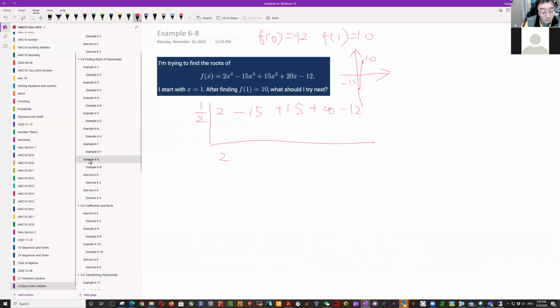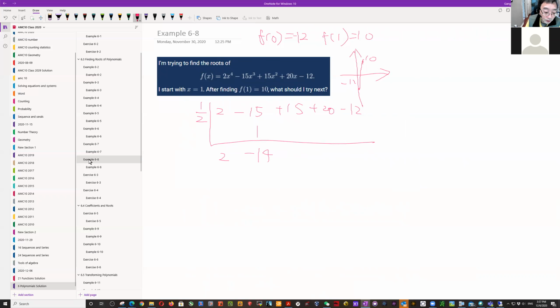So 2 multiply 1/2 equal to 1. And this is negative 14, and this is going to be 7, and 22, this is going to be 11. Oh, I did wrong here.